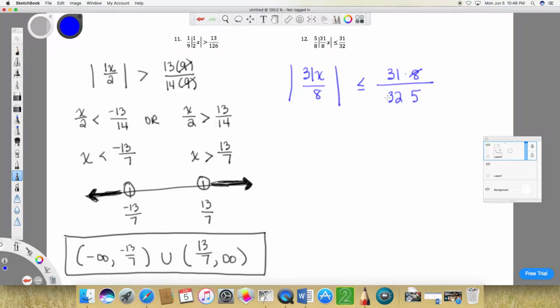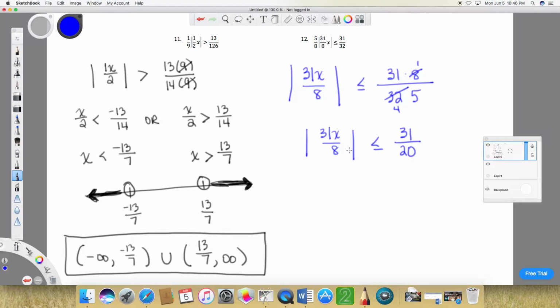And this 8 over 32 reduces because 8 goes into 32 4 times. So I have the absolute value of 31x over 8 less than or equal to 31 over 4 times 5, 20.